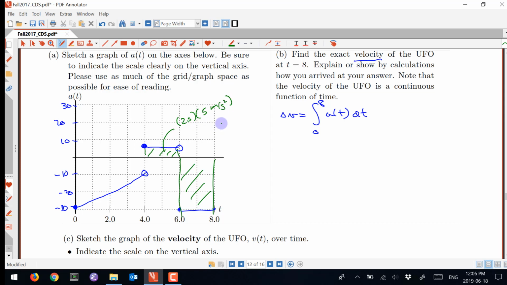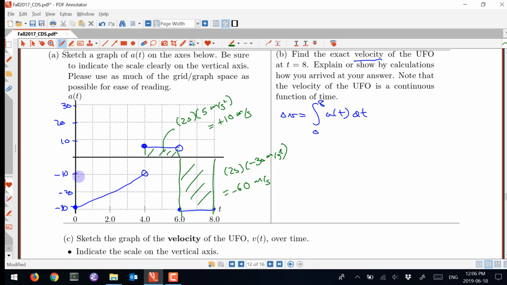And that gives us a change of positive 10 meters per second. And likewise down here, we have 2 seconds, and we have a height, if you like, in this graph sense, of negative 30 meters per second squared, and that's going to give us negative 60 meters per second.